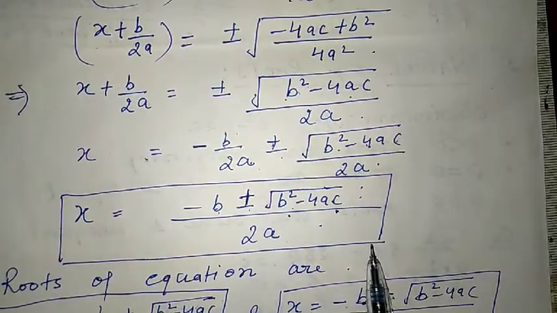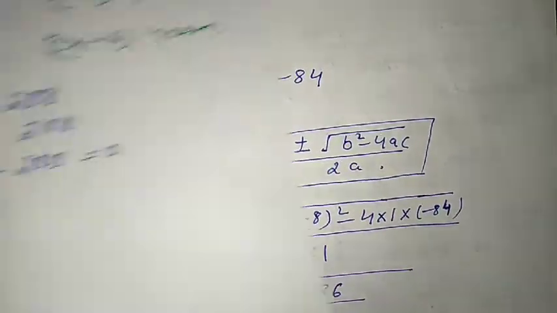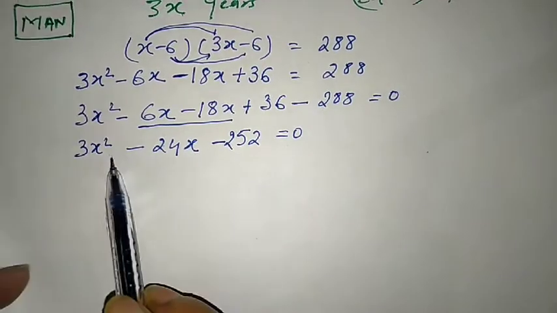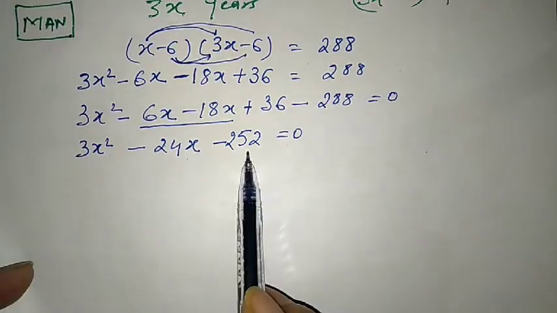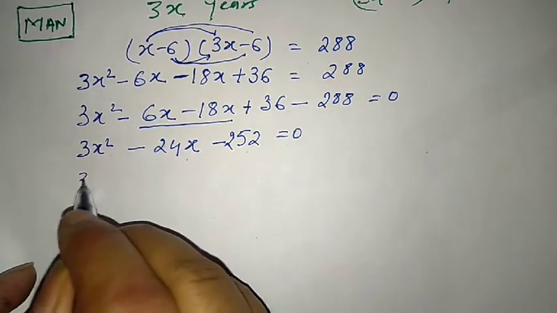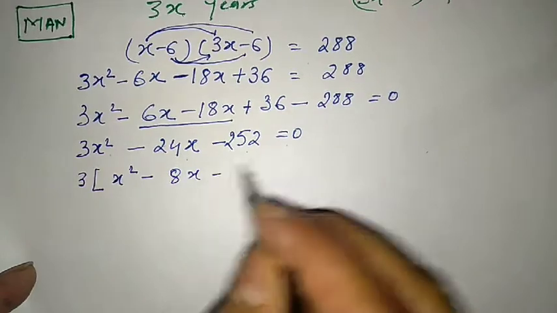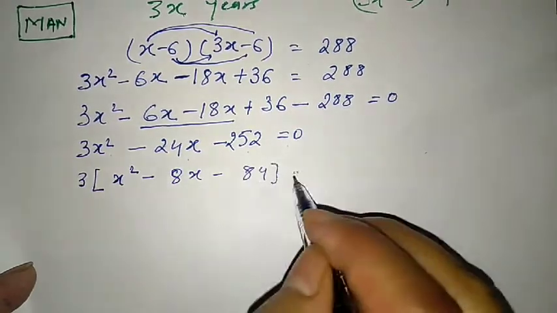Like this we can find the roots. Now we will find the answer of the same problem that we have discussed here: 3x square minus 24x minus 252 is equal to 0. We have taken 3 as common, so we have x square minus 8x minus 84 is equal to 0.